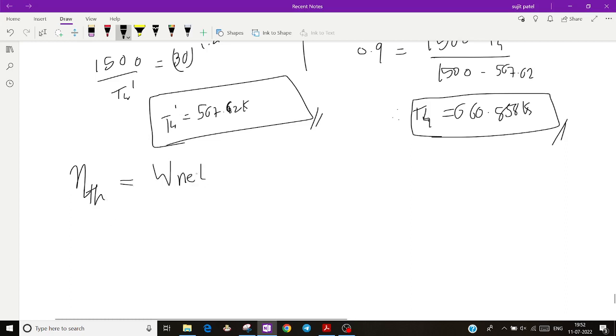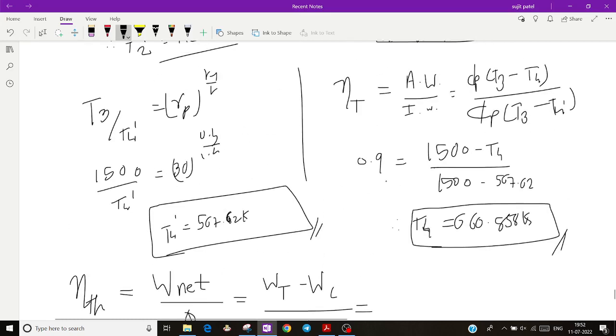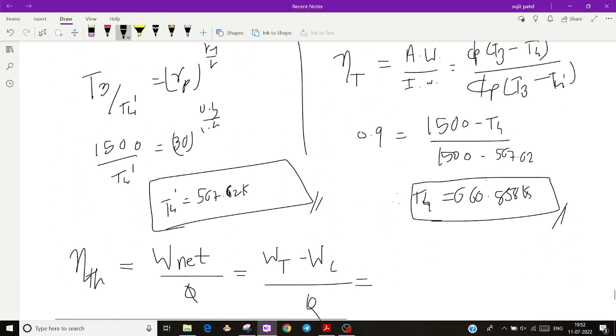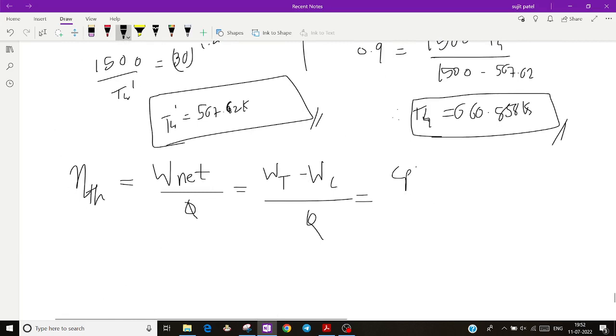That is net work upon heat supply. Net work is given by turbine work minus compressor work, divided by heat supply. Turbine work we can write as Cp T3 minus T4, minus compressor work, that is Cp T2 minus T1, divided by heat supply.